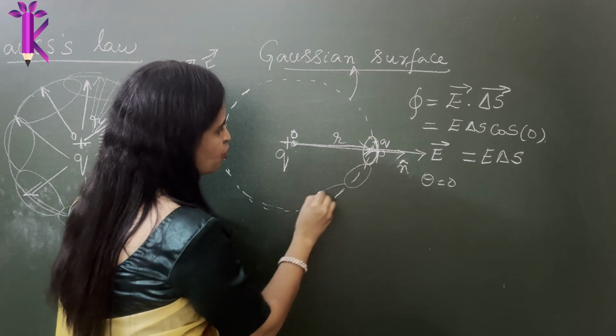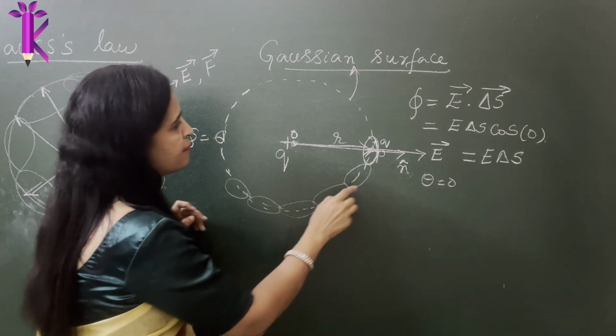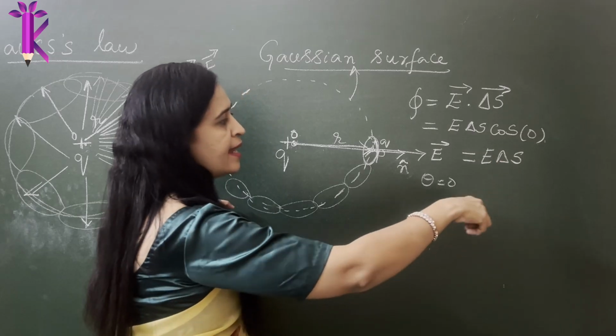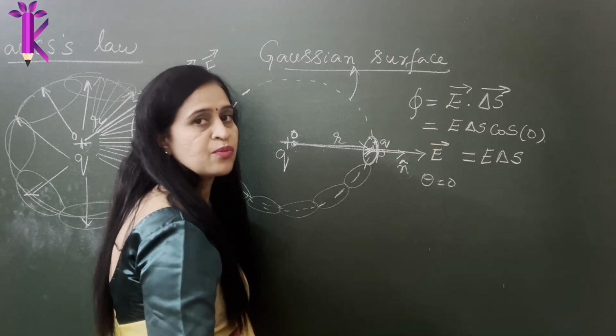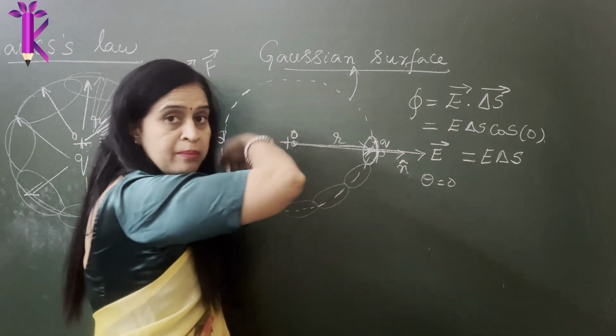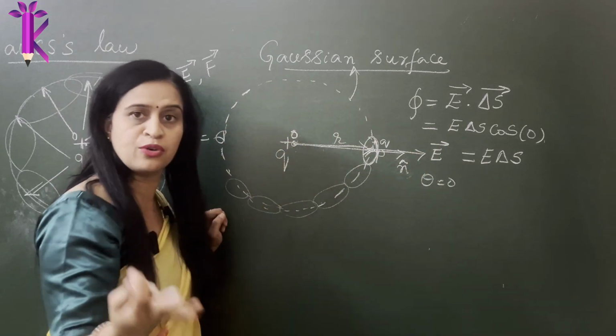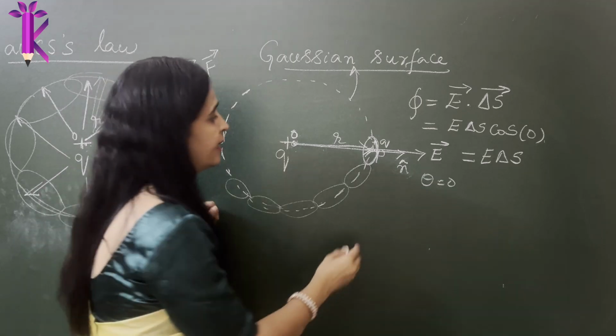Imagine what will be the total electric flux. You imagine so many other unit cross-sectional areas, and everywhere it will be E delta S1, E delta S2, E delta S3. The electric field is uniform, right? For the point charge at a distance r, everywhere it is going to be uniform. We have already studied that.